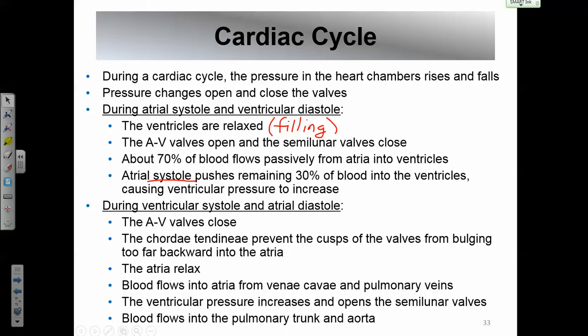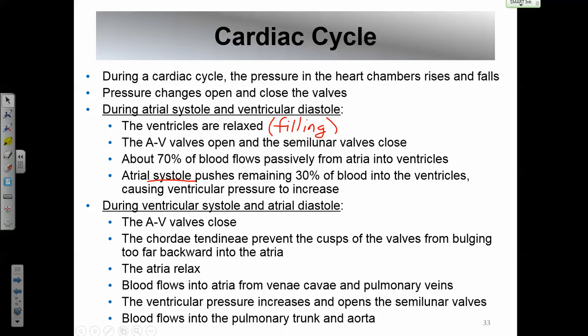Then as the ventricles get filled up, they start to contract, and that causes the bicuspid and tricuspid valves to close. So the only place the blood can flow is into either the pulmonary trunk or the aorta, depending on which chamber the blood is in.